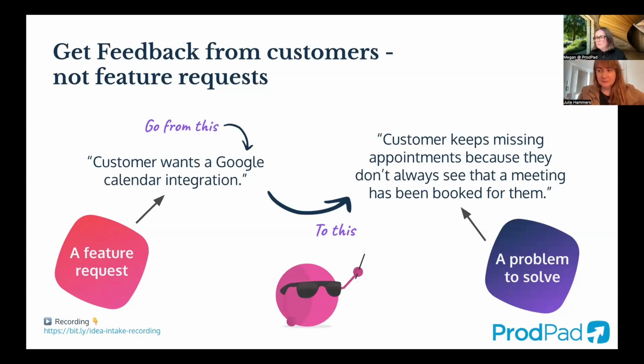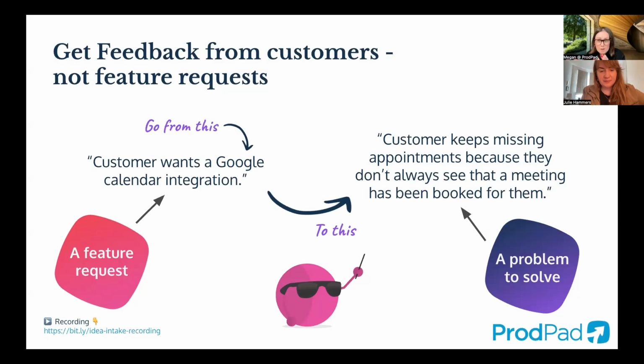So when a customer tells them they want or need feature X, they can ask the right questions to find out why they feel that they need that, what problem they think it would solve, and thereby bring it back to the problem, which then comes into the product team as a piece of feedback. And there on the slide, I've got some examples of how the customer facing teams can work with customers and reframe what was an idea into some feedback.